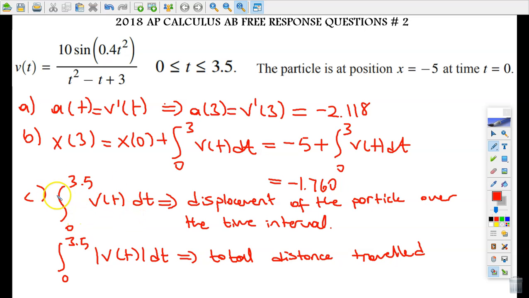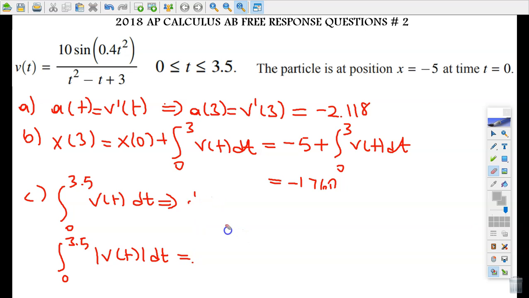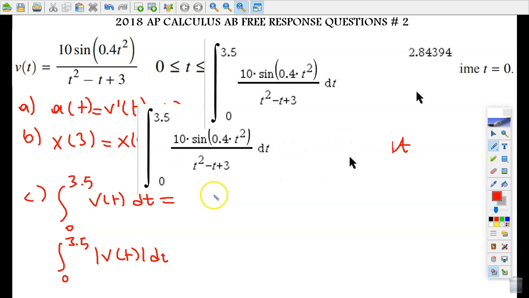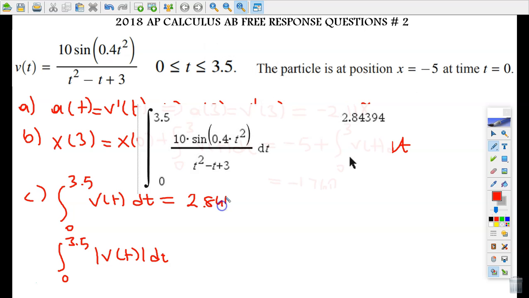So let's calculate these two. Let me erase this part. The first integral, if we use our calculator, because this is a calculator permitted problem, we're going to end up with this result, which is 2.844.